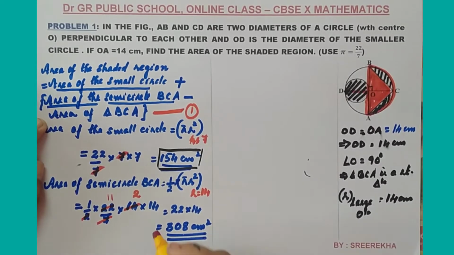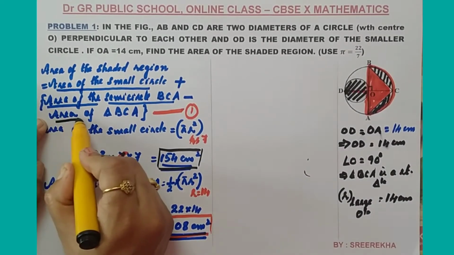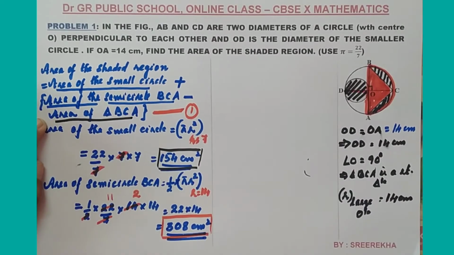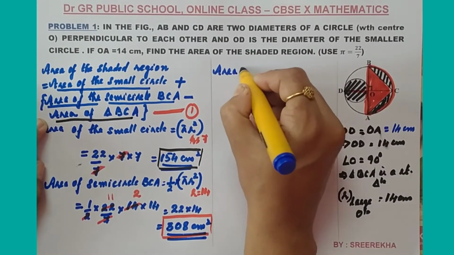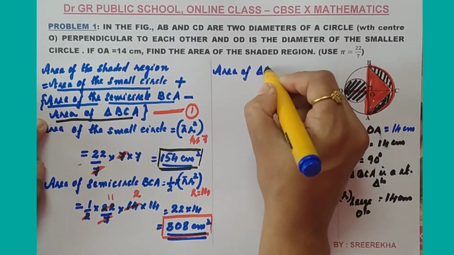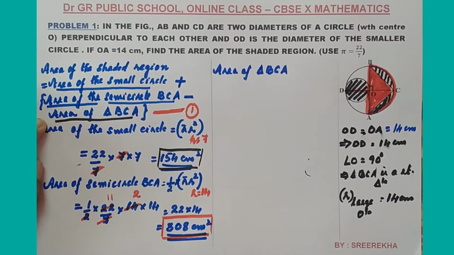Okay, look at the second area: 308 centimeter square. Now I am going to find the third area. Area of triangle BCA. I told you that the triangle is a right triangle. For a right triangle, what is the formula to find the area?